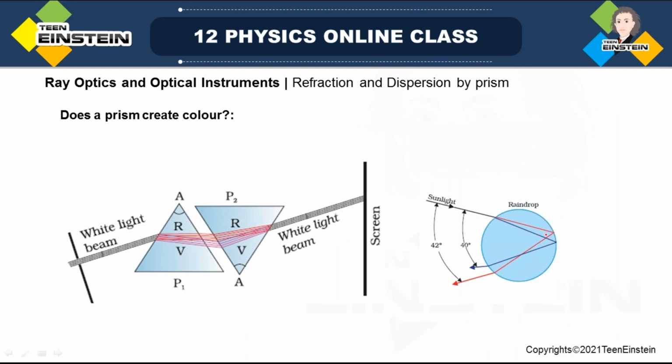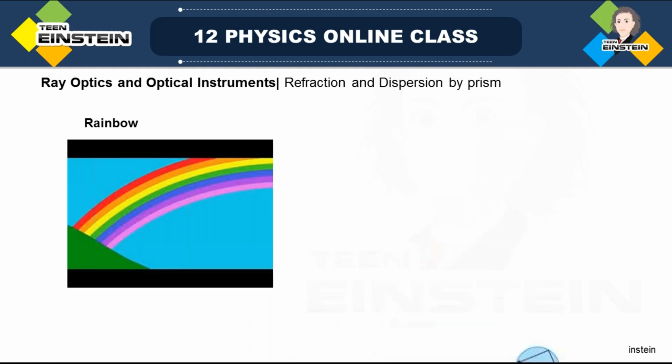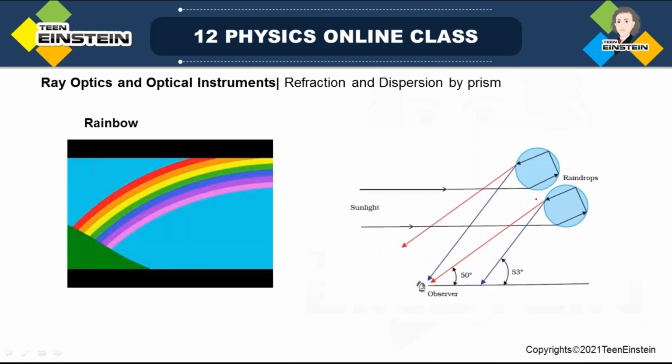Now look, when there are two internal reflections, in this case light is going like this, so one internal reflection here, TIR, and another TIR here, so two total internal reflections.